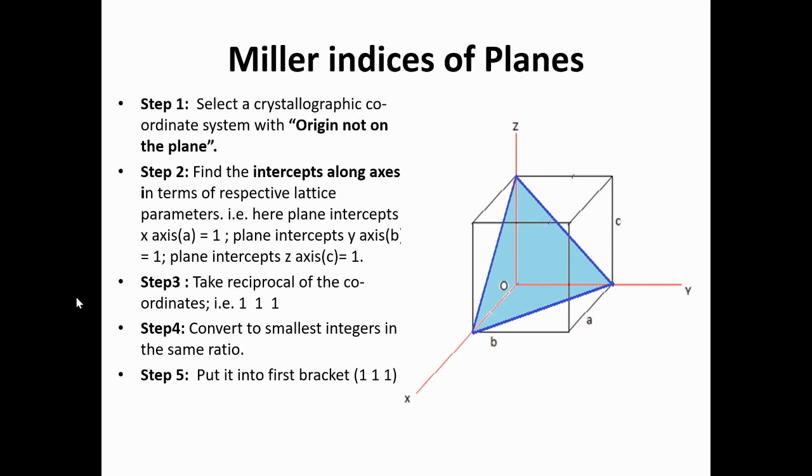That means find the intersection of the plane on the x, y and z axes in terms of A, B and C. In this figure, you can see that the plane intercepts the x-axis at A, the y-axis at B and the z-axis at C. So the coordinates of these intercepts will be 1, 1 and 1.